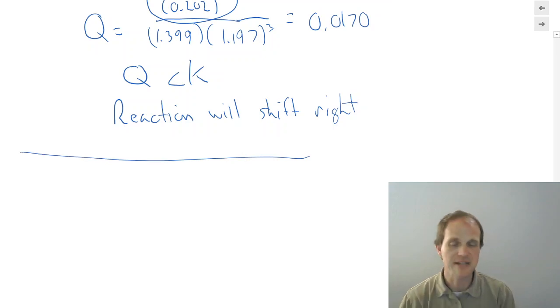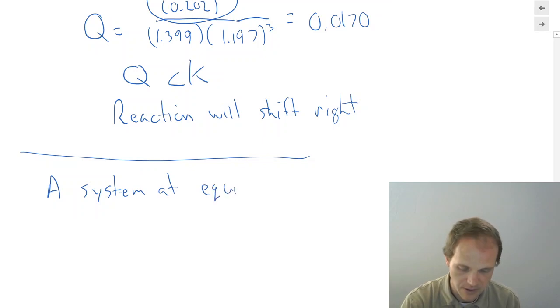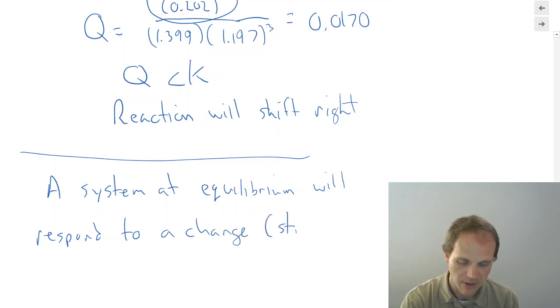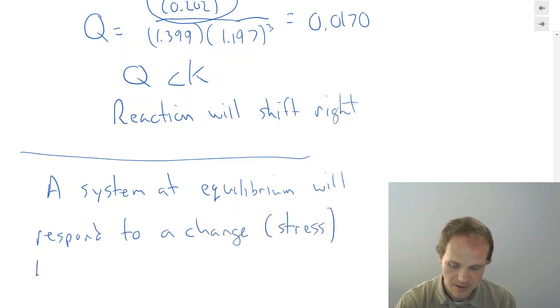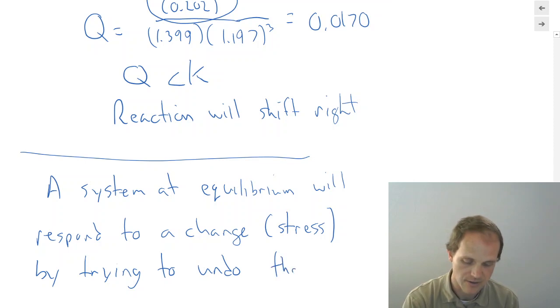And Le Chatelier's principle has many different ways that people talk about it and phrasings of it. But basically, a system in equilibrium will respond to a change, some people call them stresses, by trying to undo that change.